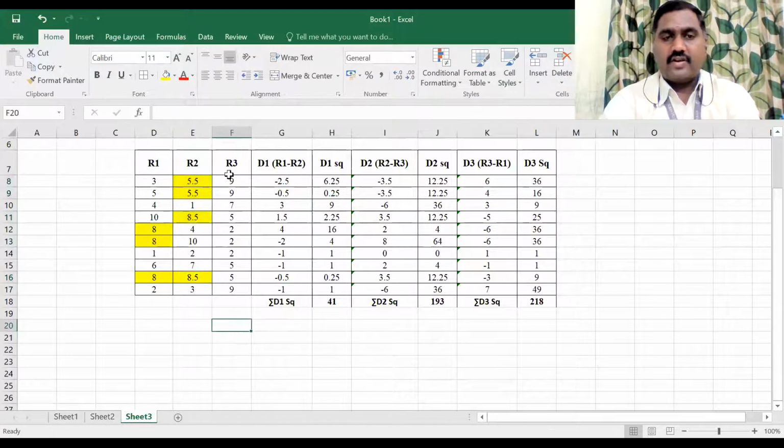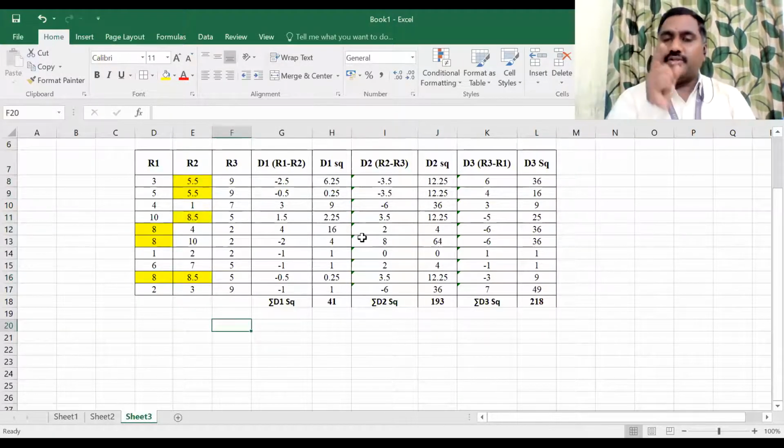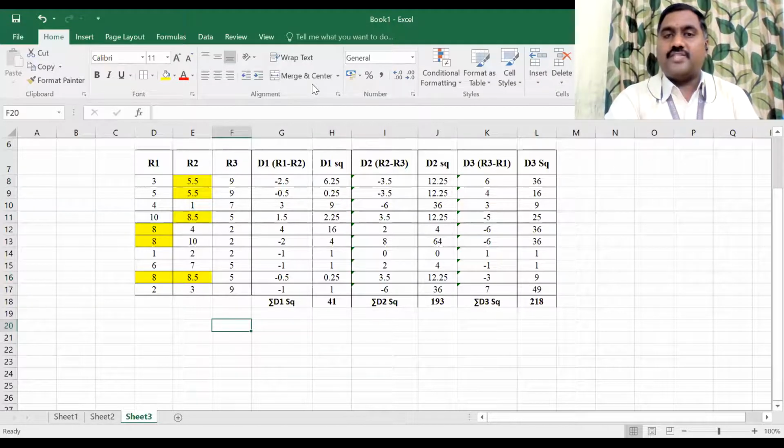Right? Okay. Now, when you are taking R12, that means rank coefficient of judge A and B, how many times of 1/12 pair should come? Anyone? Here how many numbers are repeated? You have to compare two variables, not only one. You have to compare judge A and judge B. Yes, 3 times.